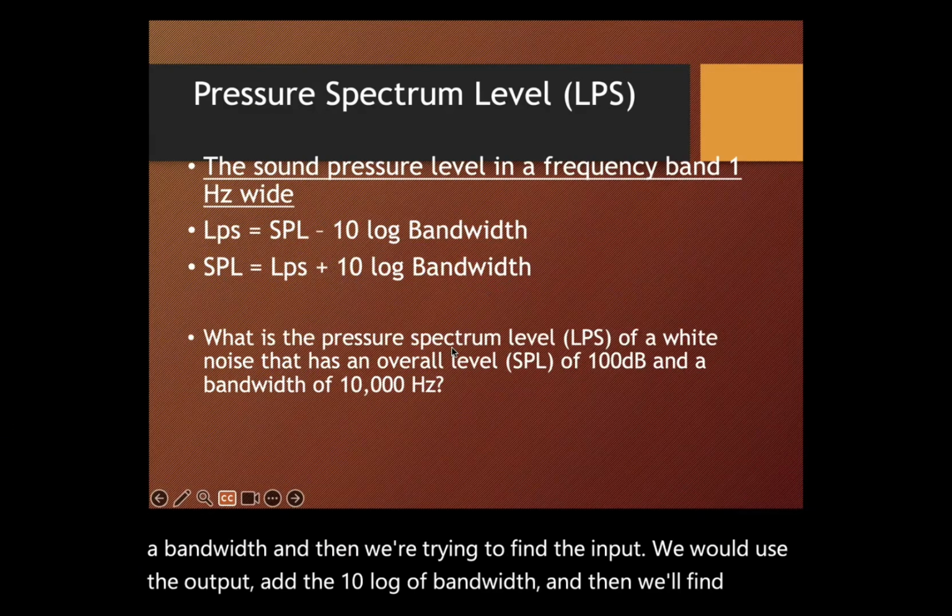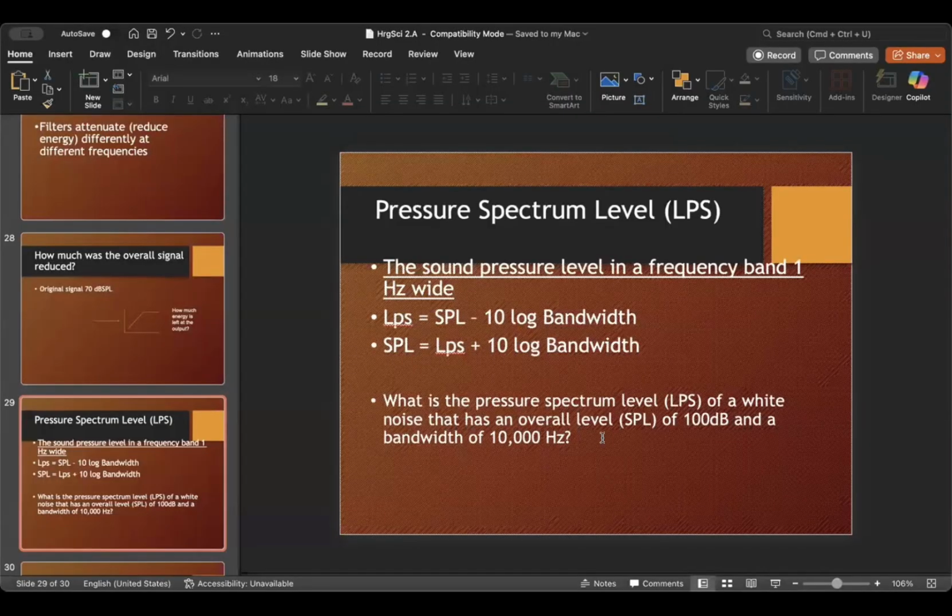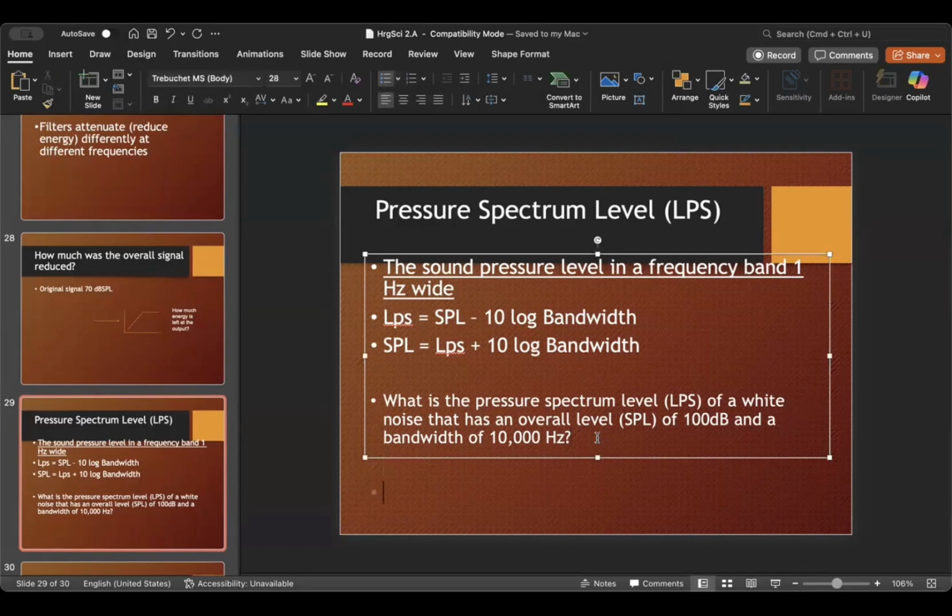So let's see this with an example. What is the spectrum level of a white noise that has an overall level SPL of 100 dB and a bandwidth of 10,000 hertz? Here we're trying to find the output.